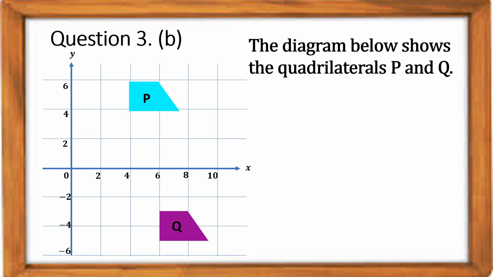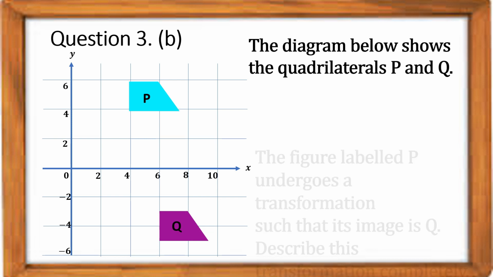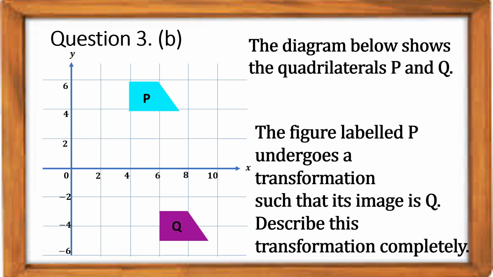The diagram below shows the quadrilaterals P and Q. We have two quadrilaterals, P and Q, and they want us to state the transformation that the image Q undergoes from P.